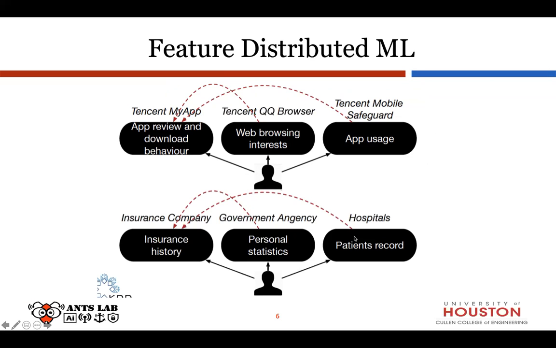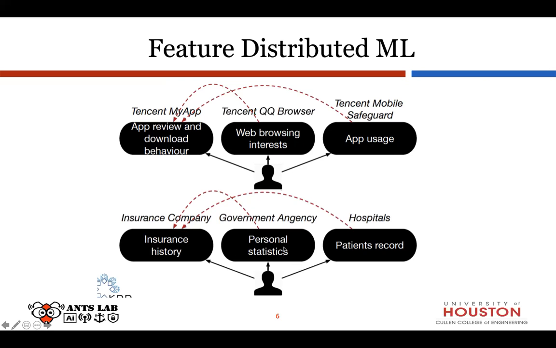Another example is that for an insurance company, if they want to train a model to provide the insurance risks of the user, they also need such a framework. Because if we want to provide the insurance risk of the user, they need the insurance history from the insurance company itself.